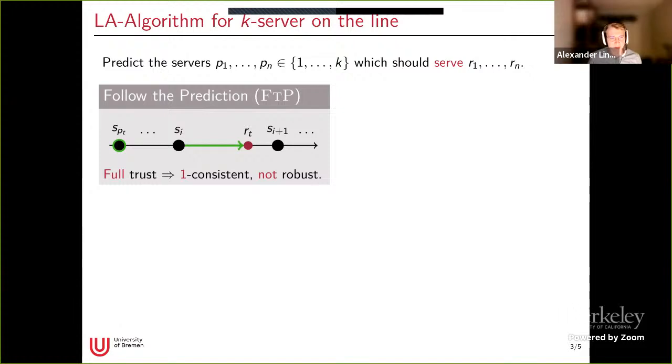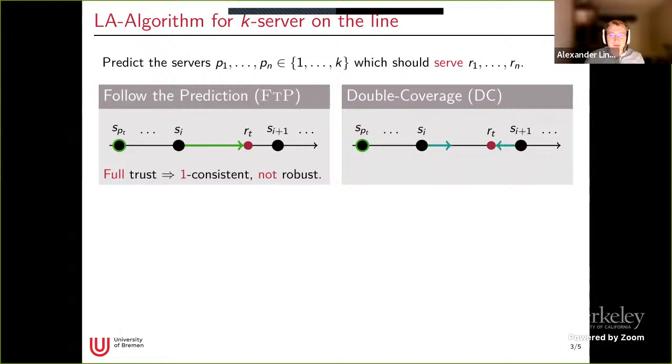So this means that this algorithm fully trusts the prediction. And if the prediction is correct, so if we predict an optimal solution, we also follow the optimal solution, meaning that we are 1-consistent. But there are instances and predictions where this is just a bad idea and we get an unbounded competitive ratio. So we are not robust.